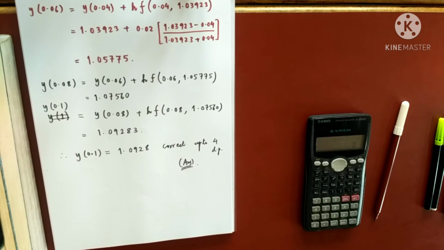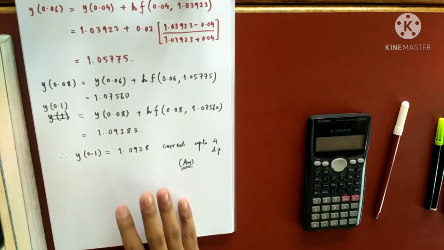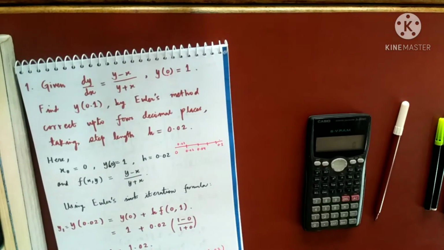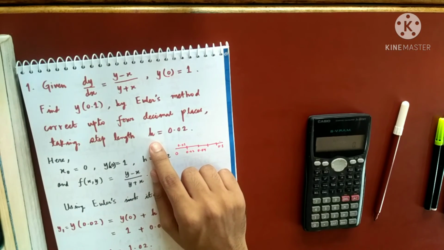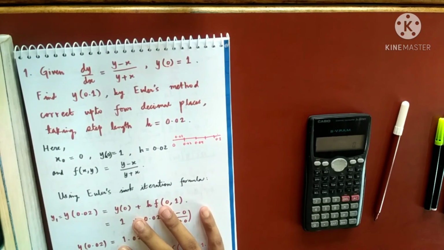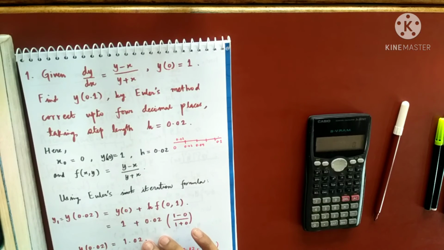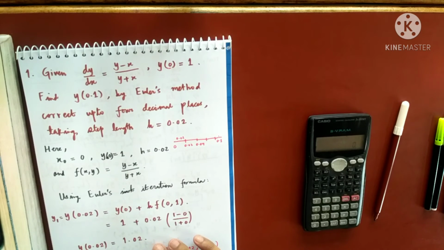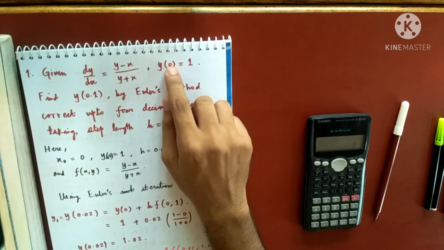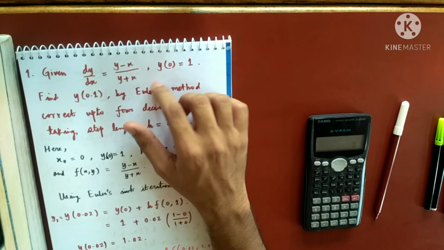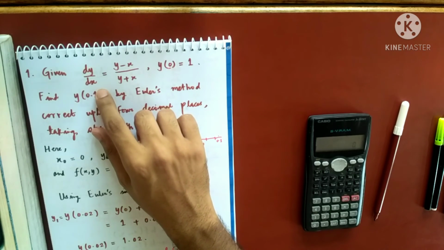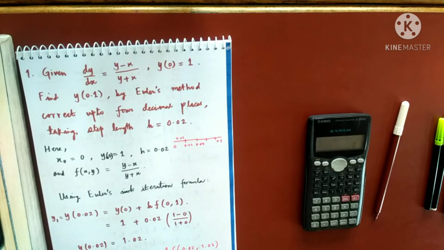I'll do one more sum so that you get a basic idea. Now, at times when h is not given in the question, you can choose h by yourself. But try to take h to be small enough. For example, even if you had taken h equals 0.1 directly, you will get the answer, but it will not be that precise.